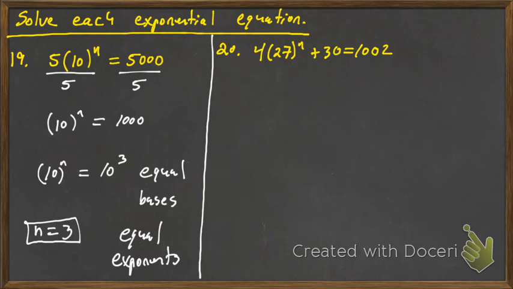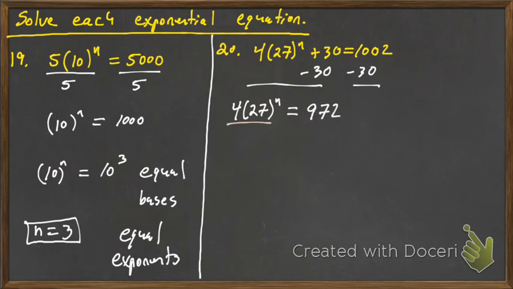So let's see. The exponential is 27 to the n, so we want to isolate that. So probably the best thing to do is subtract 30 first. And so we have 4 times 27 to the nth power is equal to 972. Then to undo that multiplication, we're going to divide both sides by 4. And so we have 27 to the n is equal to 243.